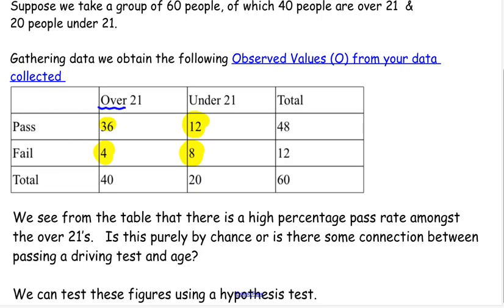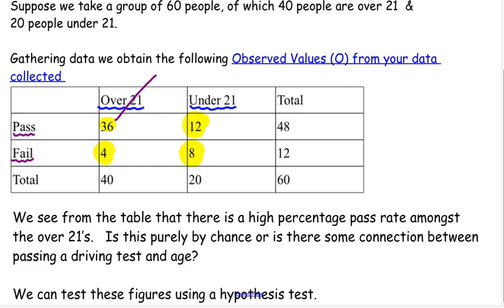We have our first column here, the people that are over 21. The second column is the people that are under 21. Then we go to the rows. These are the amount of people that passed. These are the amount of people that failed.